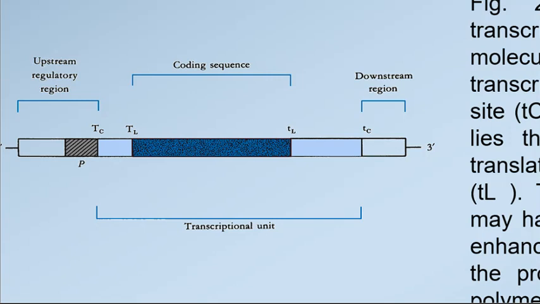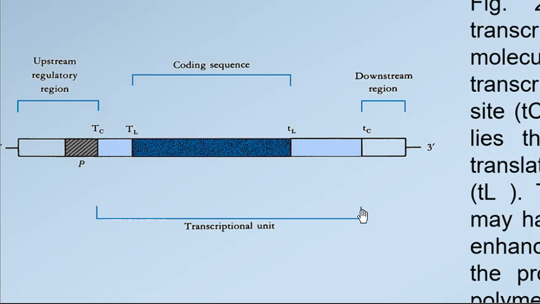So within this transcriptional unit, there may be regulatory sites for translation, namely a start site or TL and a stop signal or TL. Here is a start signal and here is a stop signal.